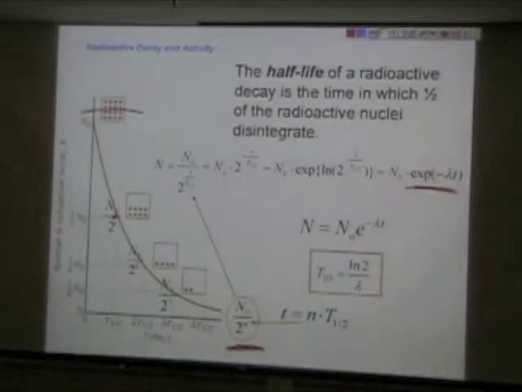Here, after one half-life, we have left a half of the initial amount. Here, after one more half-life, we have left a half of the previous amount, which is a quarter of the initial, etc., etc. So this number n gives us how many half-lives we should wait.